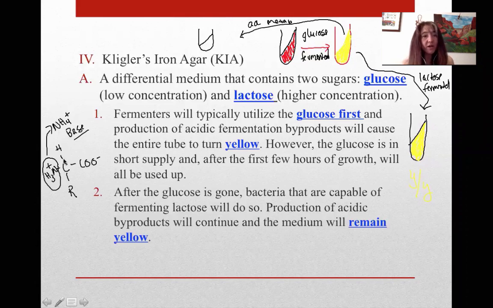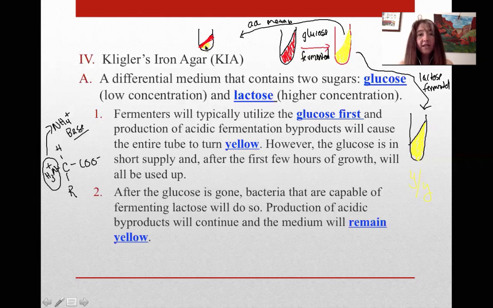But also remember that amino acids have to enter into the TCA cycle, so they do so aerobically. So that means that the slant, the surface of this agar tube, is the one that's going to turn red. So when you come in the next morning, you're going to see a red slant where the amino acids were utilized over a yellow butt, because the amino acids can only be used aerobically and not anaerobically.